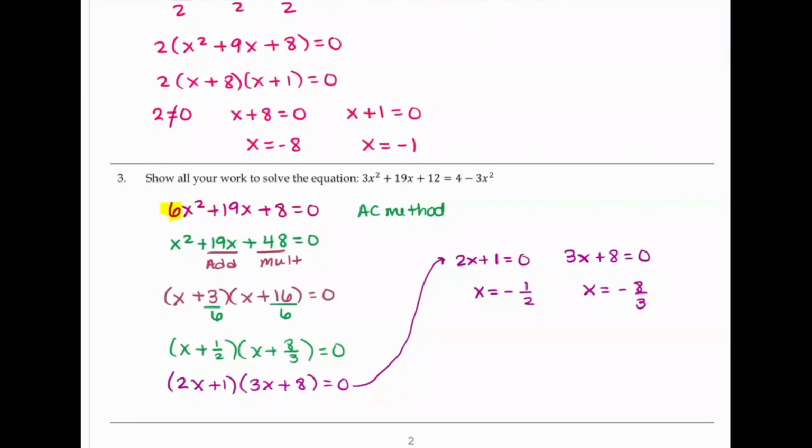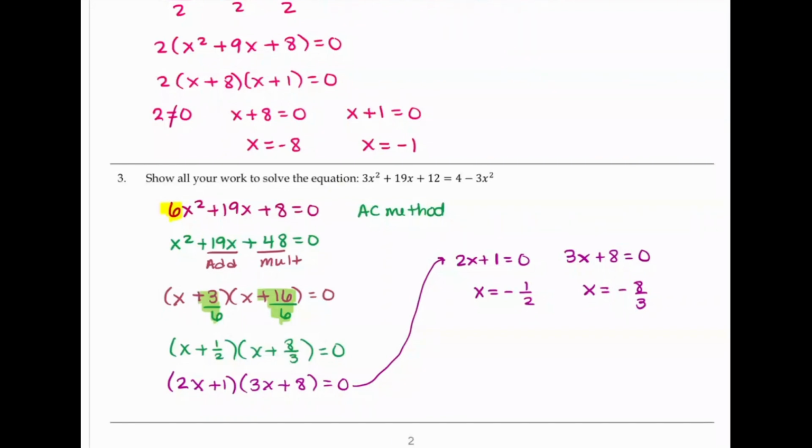Well, here, once we set this equal to 0, we should get a quadratic that says 6x squared plus 19x plus 8 is equal to 0. We have an AC method of factoring. So I did my AC method, and with my AC method, I have 3 divided by 6 and 16 divided by 6 once I bring back that a term, which do both simplify.